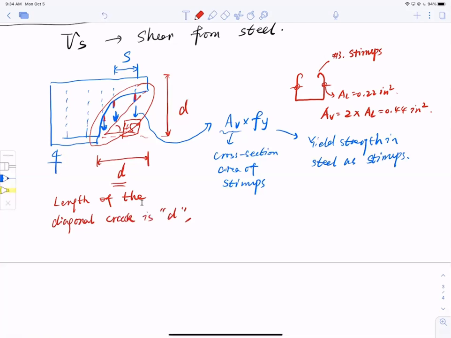So the number of stirrups is roughly equal to d over s, where s is the spacing between stirrups.